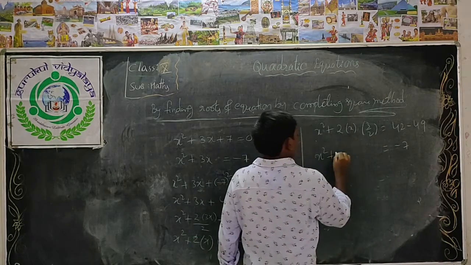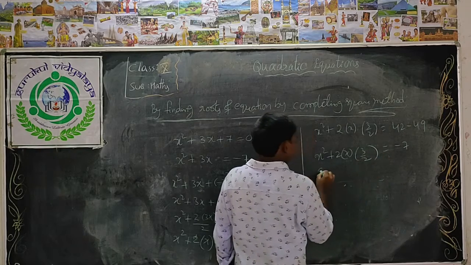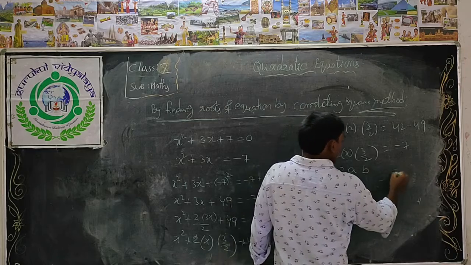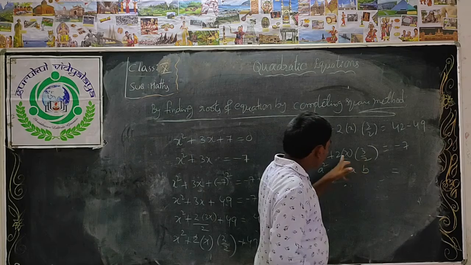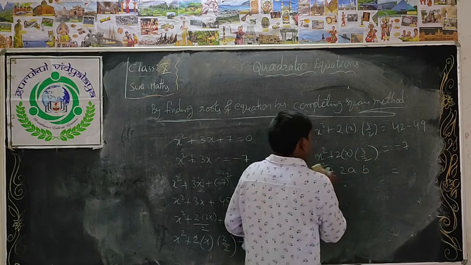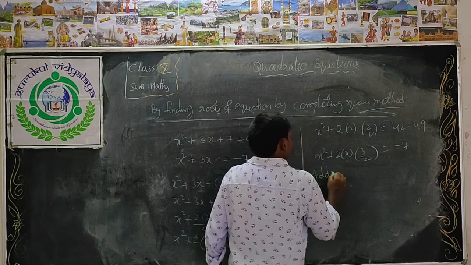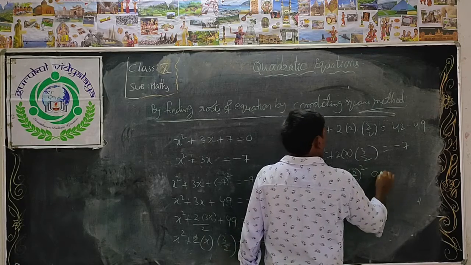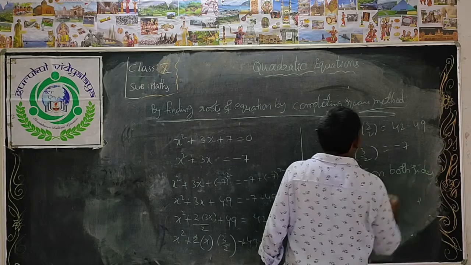X square plus 2x times 3 by 2. A square plus 2ab. See children, b square is not there. So we can add it. What is the b here? This is a, this is b. Add b square on both sides, means adding 3 by 2 whole square on both sides.